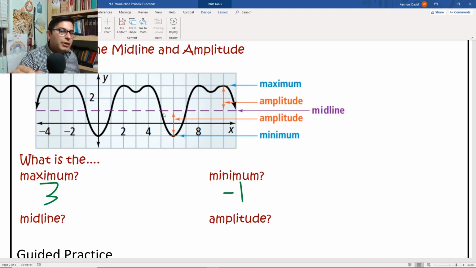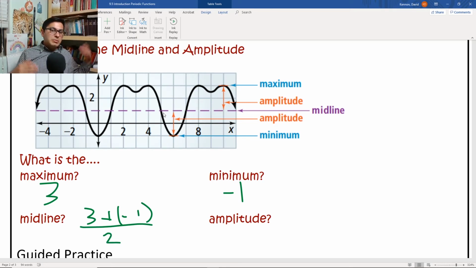There is a way to calculate this, and you can kind of look at it like an average. It's not really an average because you'd have to take into account all the points, but it's the average between the top and the bottom. So we're going to take the top, which is 3, and add -1, and then divide that by 2.